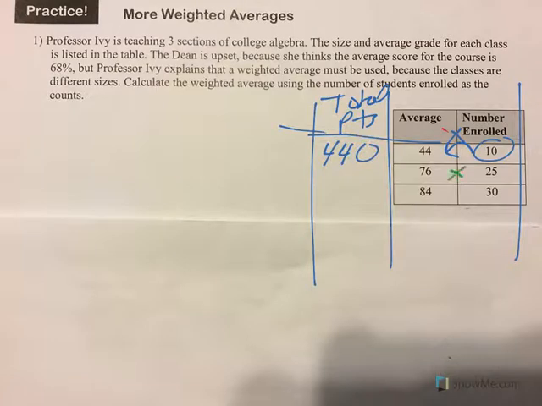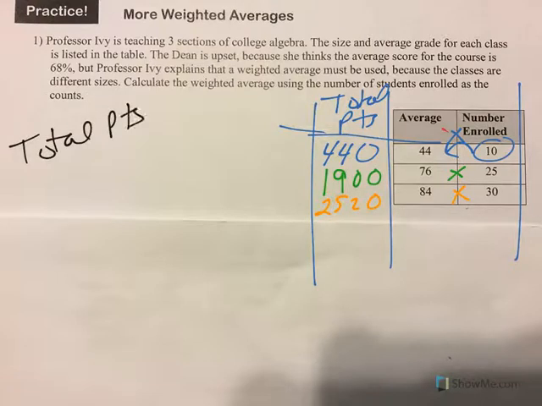If 25 students averaged 76, then when I multiply those together, they would have a total of 900 points. And if I had 30 students who averaged an 84, when I multiply those, they would have a total of 2520. So I could take my total points, divide by the total number of students we're talking about, and that would give me my weighted average.